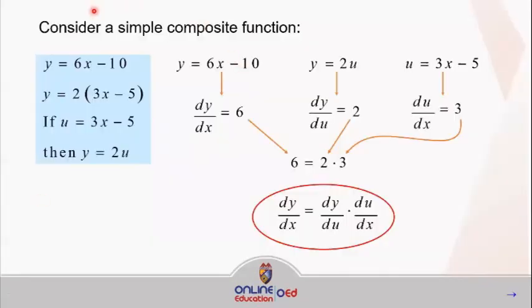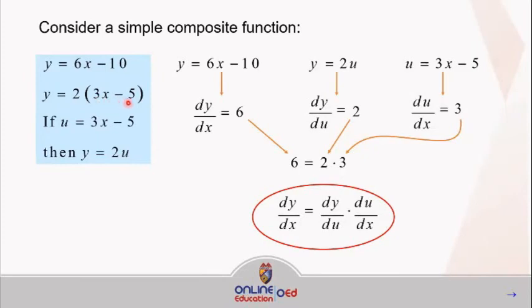We have yung example dito for the chain rule. Let's say we have yung composite function. Yung problem natin is y is equal to 6x minus 10. Itong 6x and 10 is pwede siyang i-divide by 2. So same lang din siya with y is equal to 2 times the 3x minus 5.